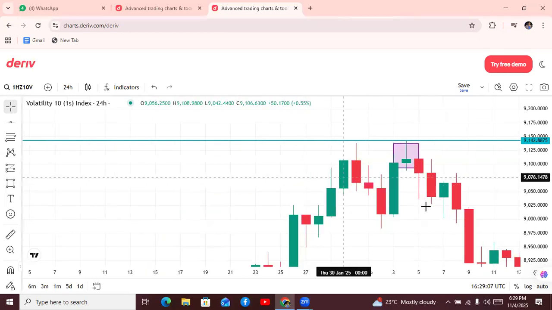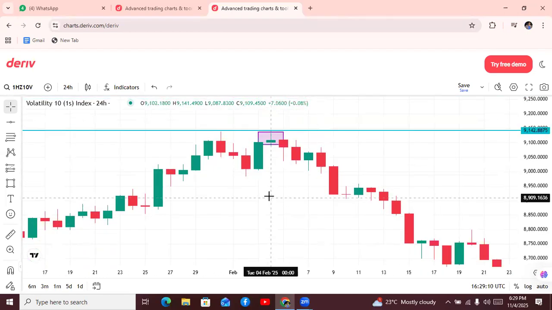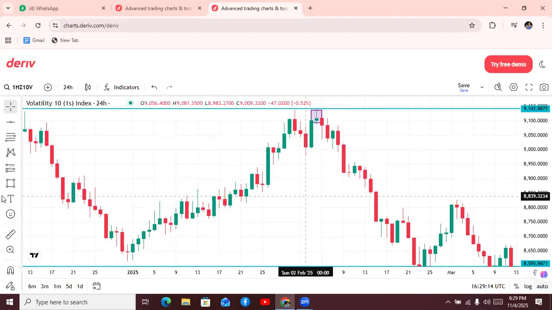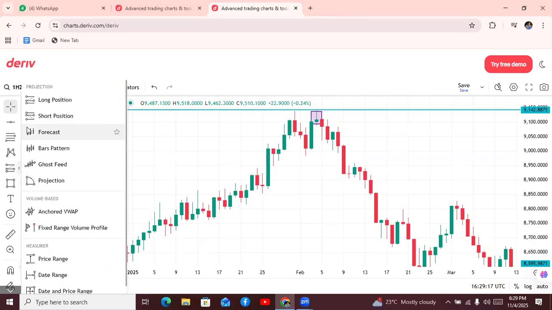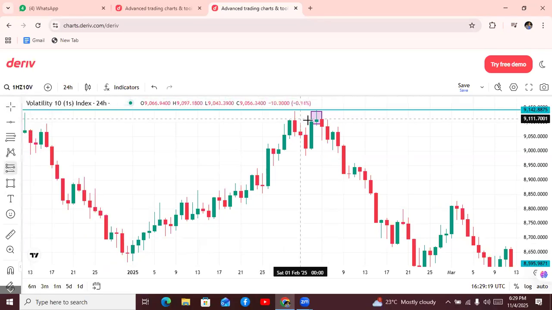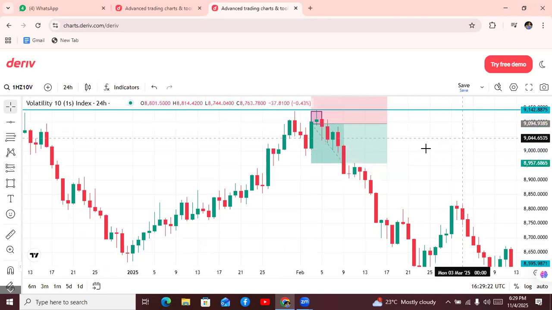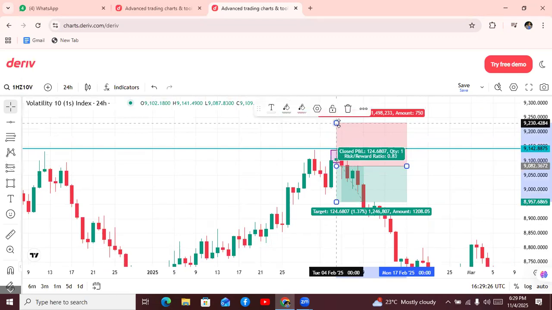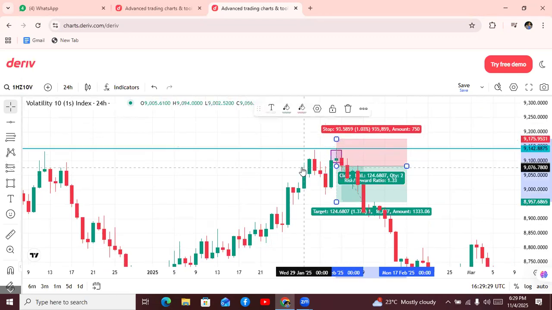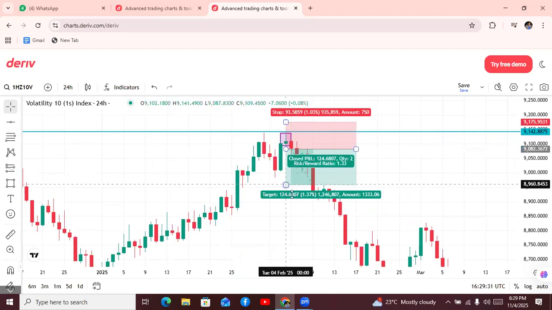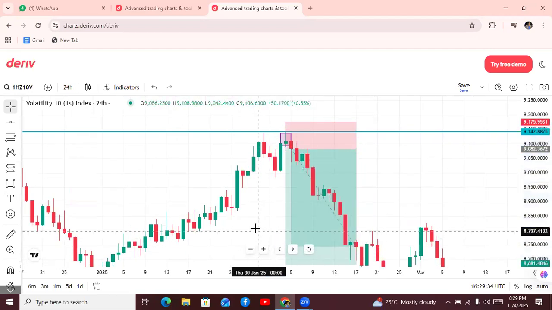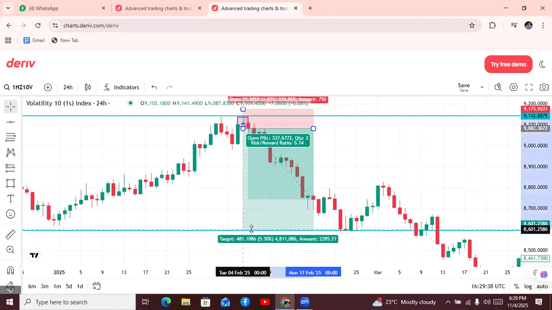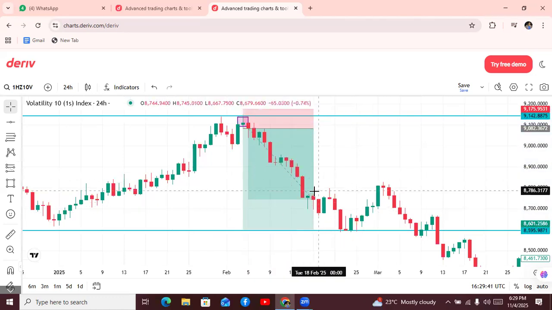So what we would have done, had we seen that, we would be selling from there, with the stop loss above that level and the take profit at the support area.